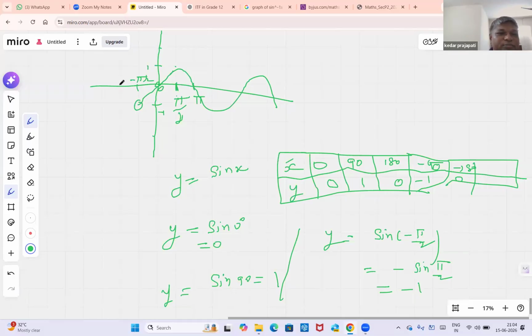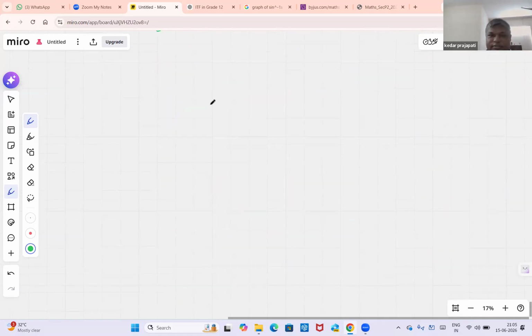So at this point, this is your minus 180, minus pi. When it is minus pi, the value is here, right? Not here. 0, correct? So the coordinates are like this. Now the coordinate is here. Okay. So your curve is going like this. So ultimately the graph of sine theta will be looking something like this.